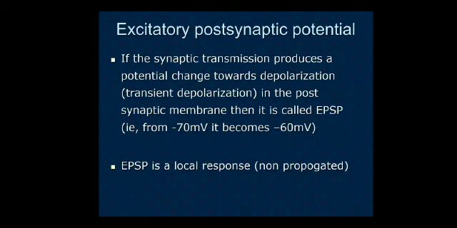Usually the resting membrane potential of the soma of the postsynaptic neuron is around -65 to -70. When it goes nearly towards positive, it will be around 10 to 20 millivolts towards positive. That is called excitatory postsynaptic potential. And this is a local response because it cannot generate an action potential.